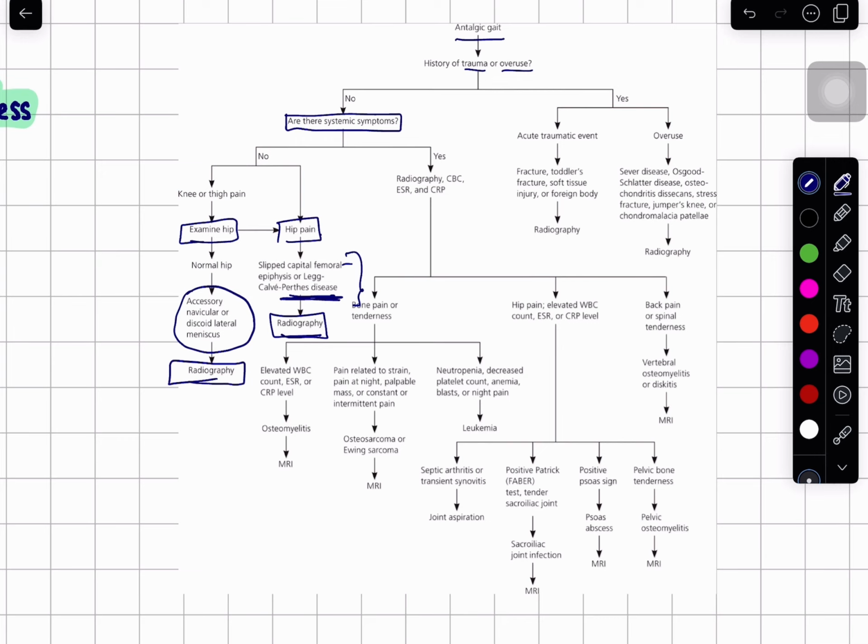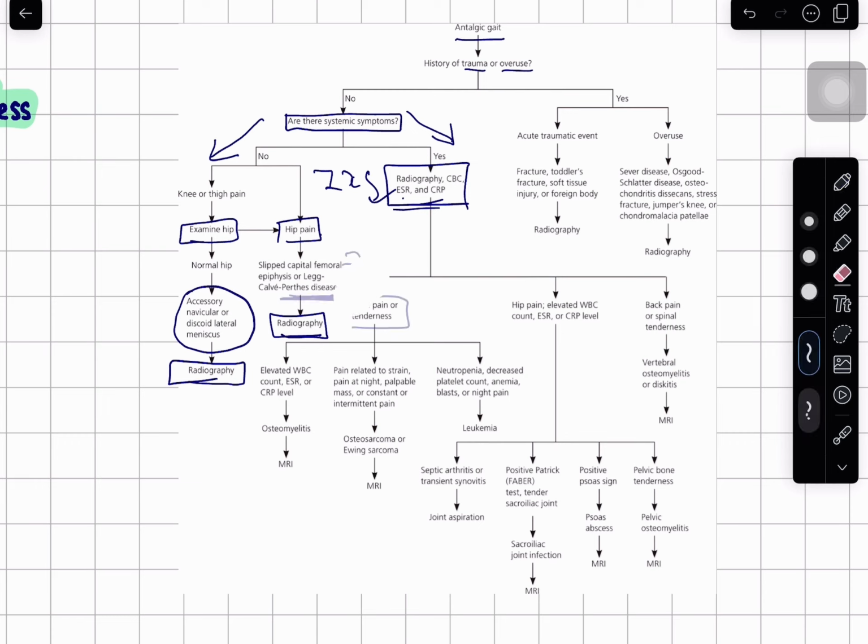And if there are no systemic symptoms, we went through this. If there are any systemic symptoms, we have to do the investigations first of all: radiographs, full blood count, ESR, and CRP, inflammatory markers. Then we have to see if there is any bone pain or tenderness.